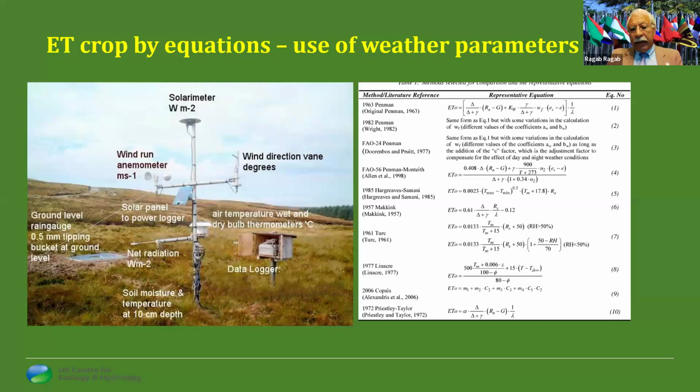Then with the development of weather stations, we started to see more equations based on temperature or energy or a combination of the energy and temperature. Some of these equations were empirical and some were site specific.